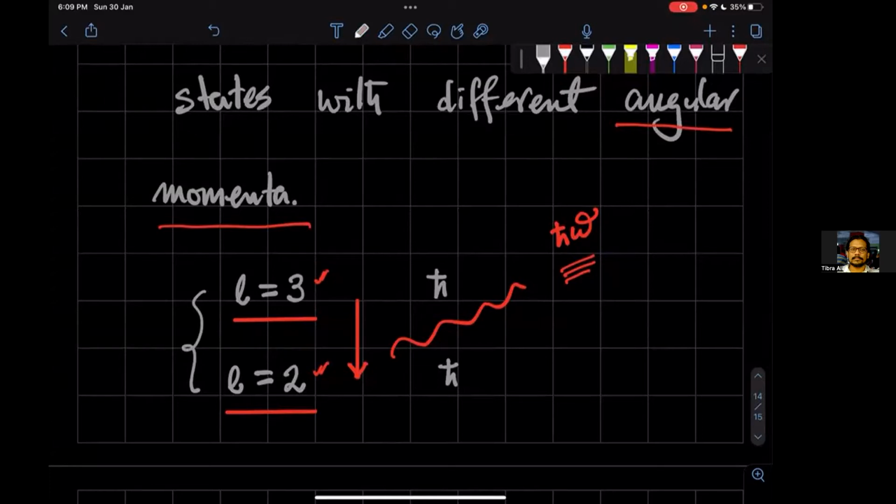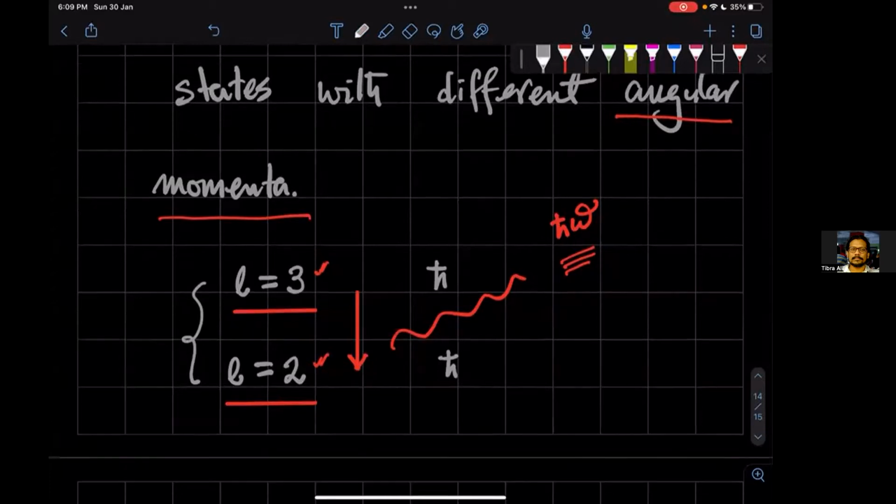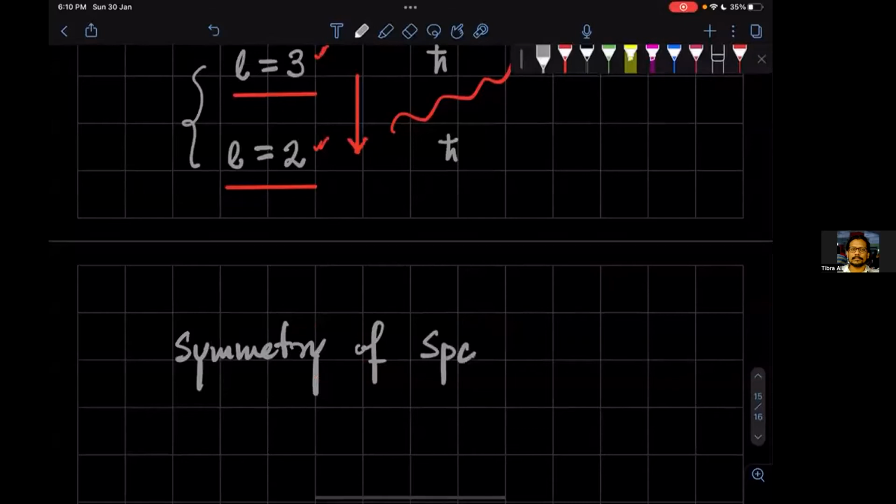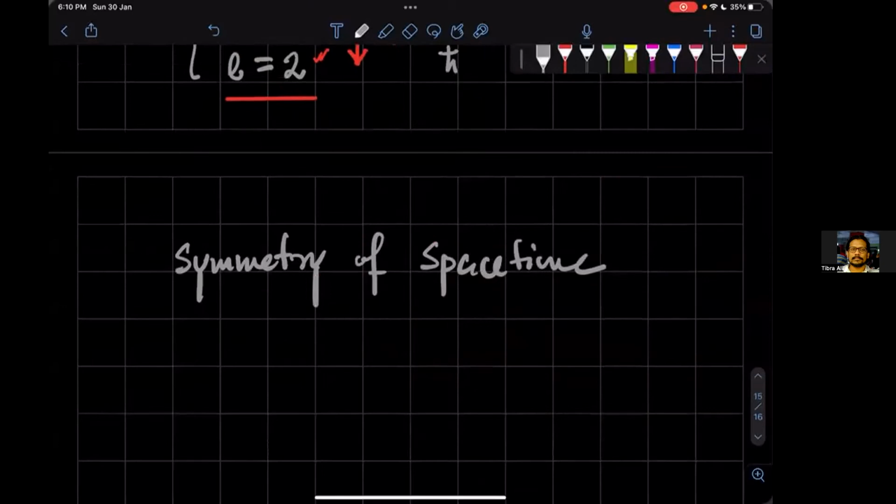Okay, so that's one. Part of the symmetry of space-time, well, the symmetry of space-time is represented by a group called the Poincare group.